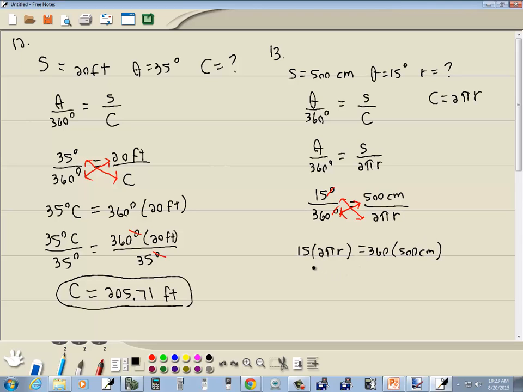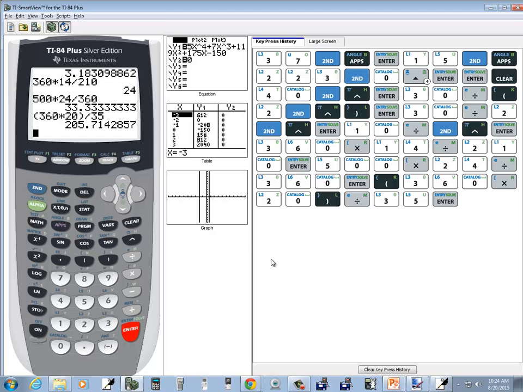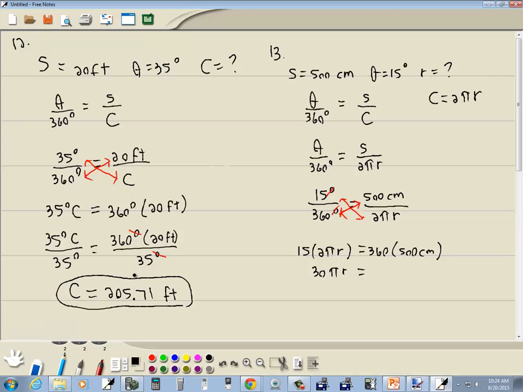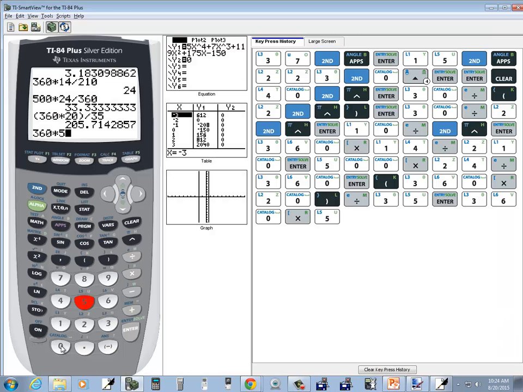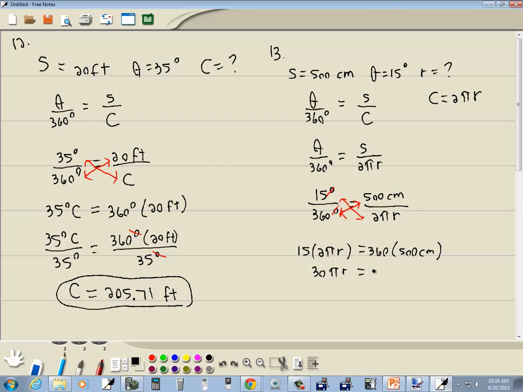Now 15 times 2 is 30, so we're going to have 30 pi R is equal to, let me go ahead and plug that in, 360 times 500, 180,000.